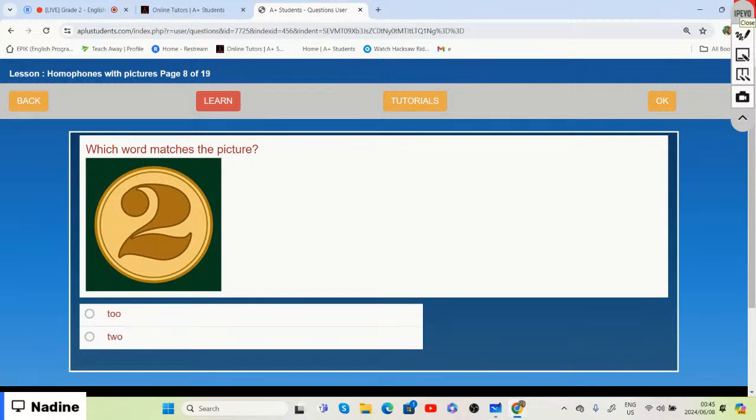It says which matches the picture. And if we look at our word with our picture, then we can say this is number two.